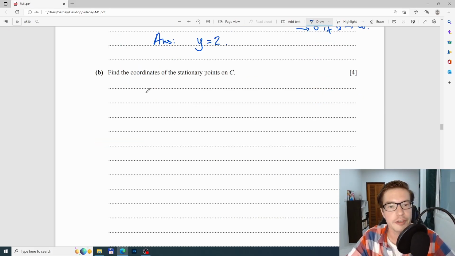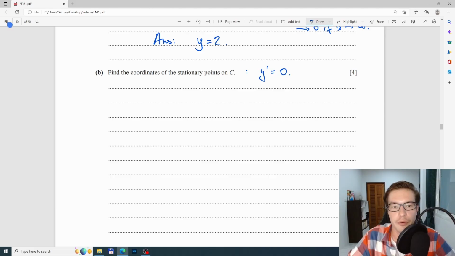Okay, next question, find the coordinates of stationary points. And we can find those coordinates by finding the derivative and then setting it equal to 0. Now just quickly copy the equation of the curve, which is y equals 2x squared minus x minus 1 over x squared plus x plus 1. And to find the derivative, I'm going to use the quotient rule.